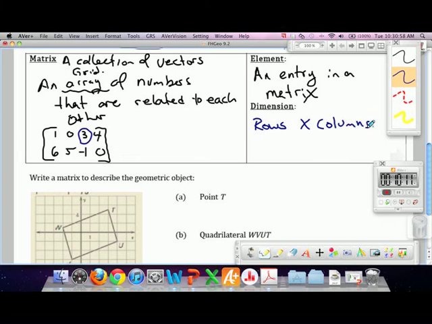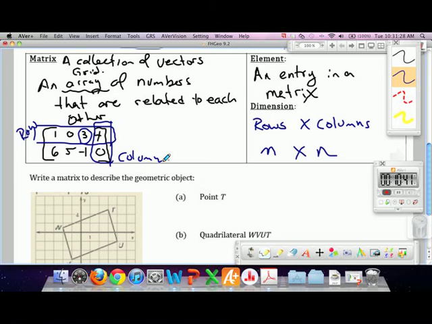So here would be one row in this matrix. Columns go vertically. Rows by columns. In general, it's a number by another number, n by n is how we represent it. A row by a column.